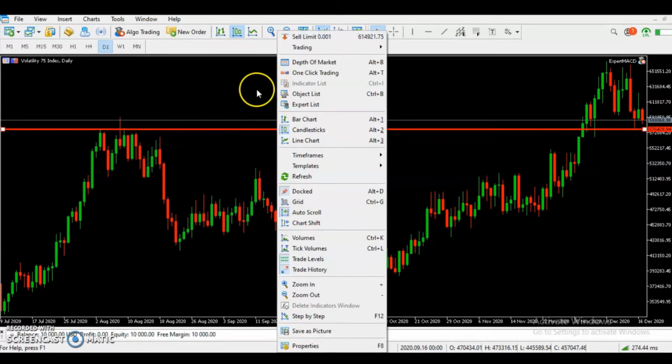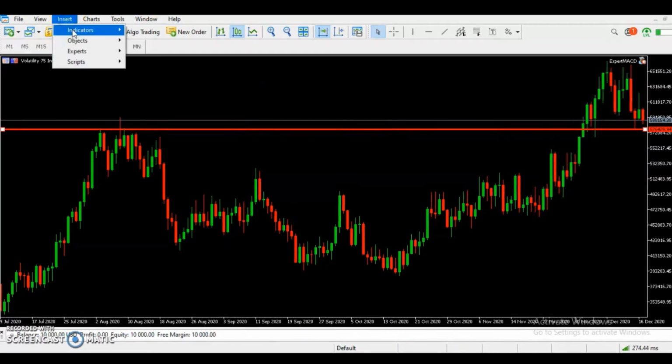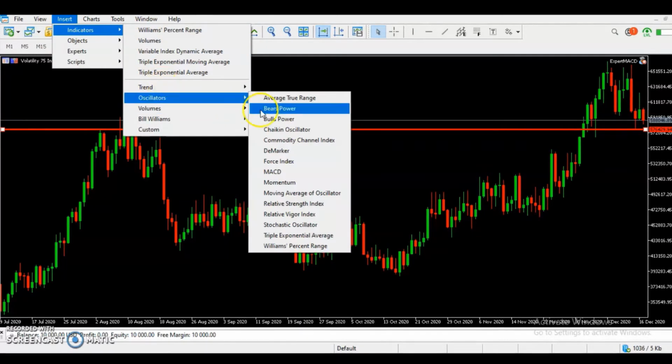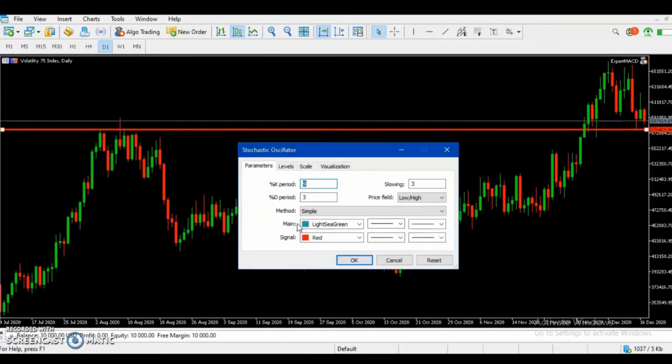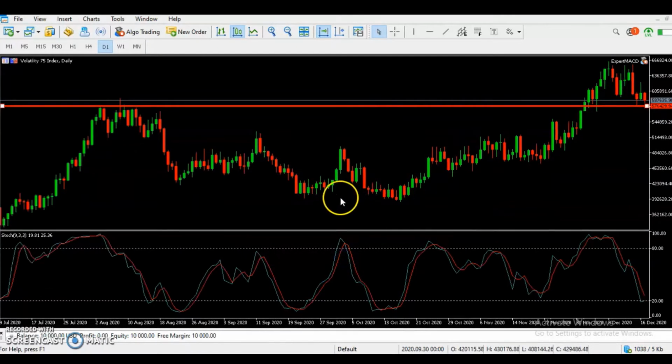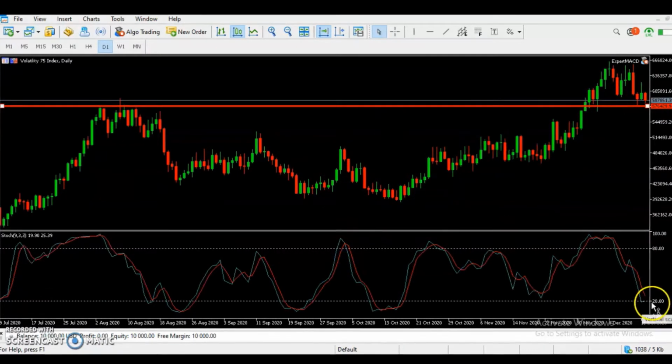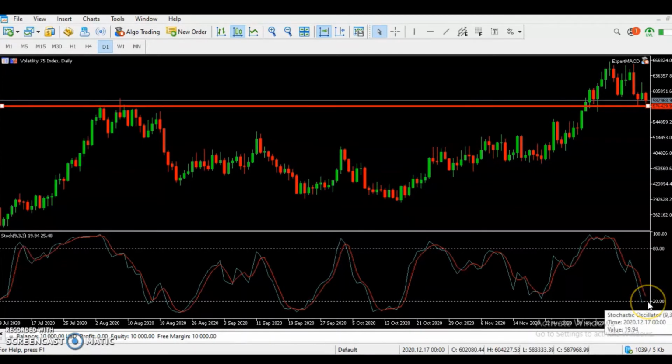Maybe you may not be seeing it now, so let me insert an indicator to show you where the strength of the trend lies, if you cannot really see it. You can see on the daily we're reaching the oversold position.